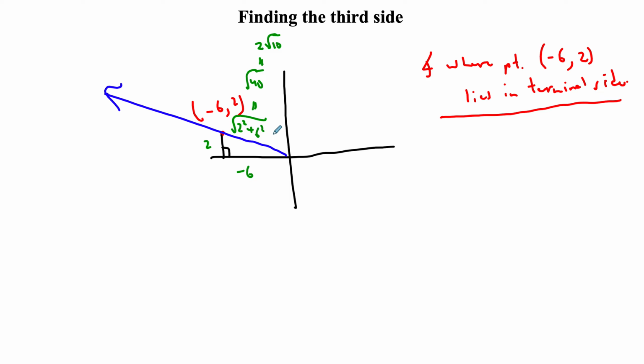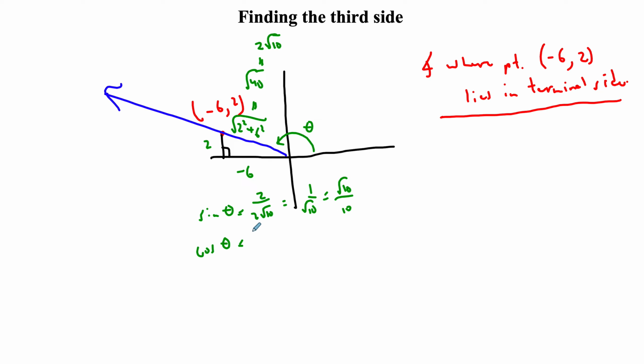That means that we can actually do calculations, so here's that angle, theta. If I wanted to find the sine of this given theta or the cosine of theta, I could just use the fact that the sine would be 2 over 2 root 10, which, by the way, is 1 over root 10, which, of course, we rationalize as root 10 over 10, yes?